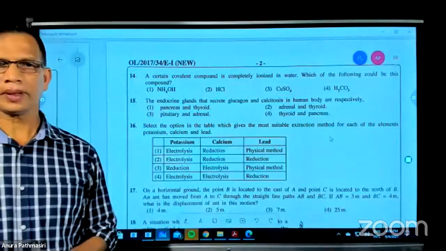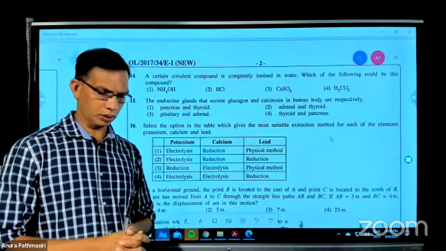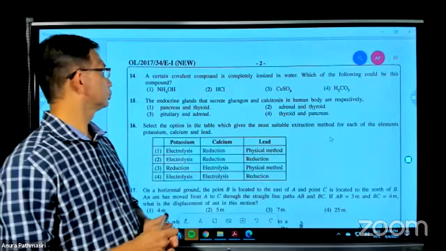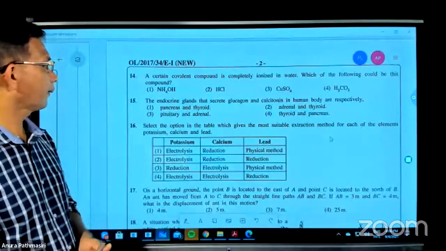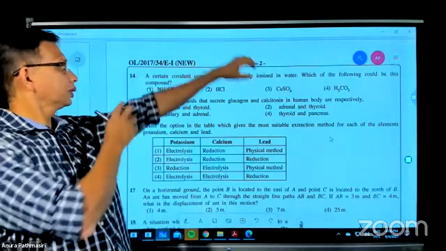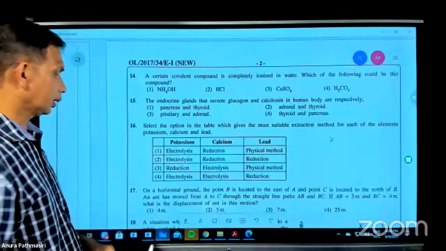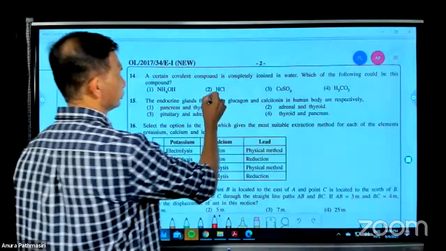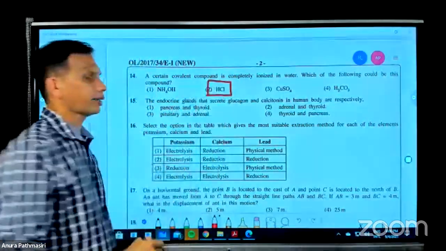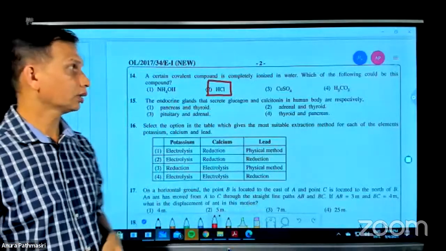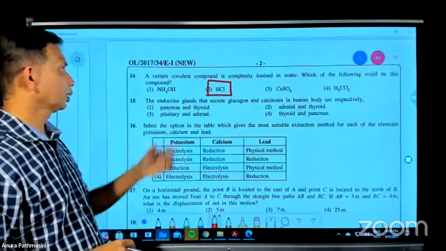What is the answer, your one? Ammonium hydroxide, ionic compound. The correct answer is hydrochloric acid. Hydrochloric acid is completely ionized in aqueous solution.